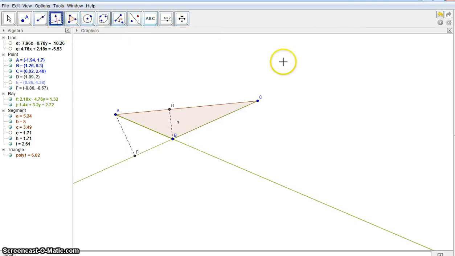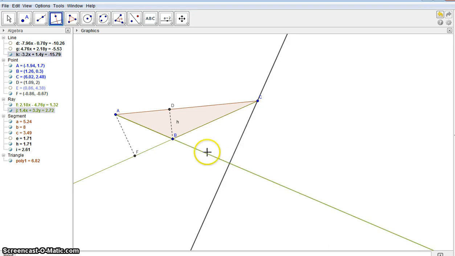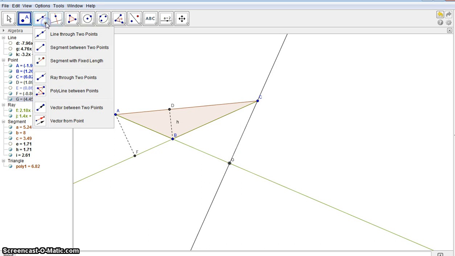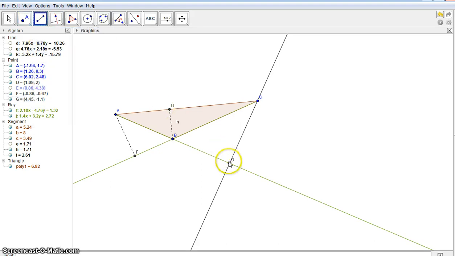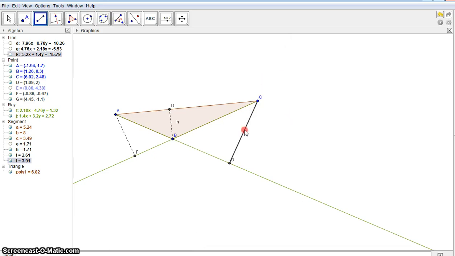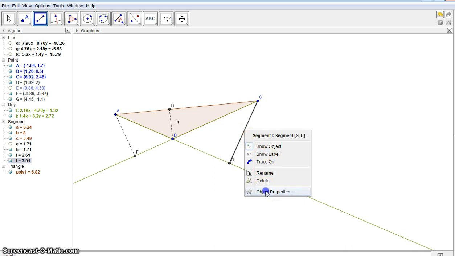And use the perpendicular line tool to go from point C to the line containing the opposite side of the triangle, which is AB. Let's get a point of intersection. Let's add a segment. I'm going to turn off the tracing line, and I'm going to turn this into a dotted line.